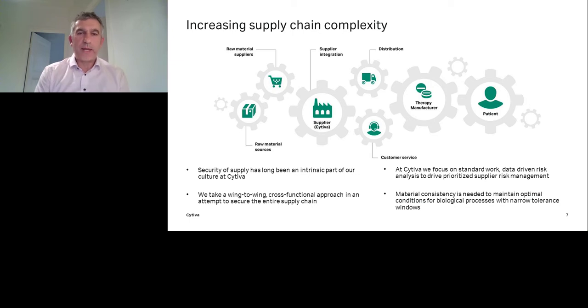And when it comes to analyzing risk, we strive to take a data-driven approach. This enables us to look more objectively at how we prioritize risk mitigations and supplier risk management. In addition to that, material consistency is needed because biological processes often have narrow tolerance windows. So in that regard, we're very dependent upon our suppliers.